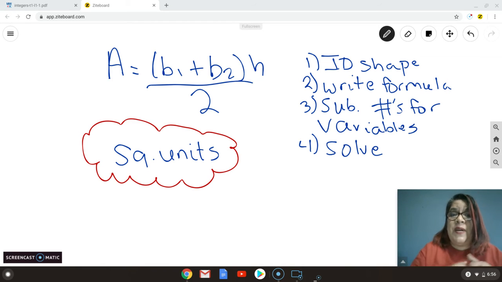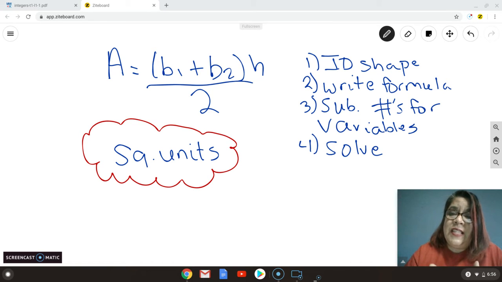Yeah, we have to do what's inside them first. So we have to add the two bases together. And once we add them, the parentheses mean that we're going to multiply that sum times the height. And then what's that fraction bar mean we do? Yes, we're going to divide whatever's on the top by 2.